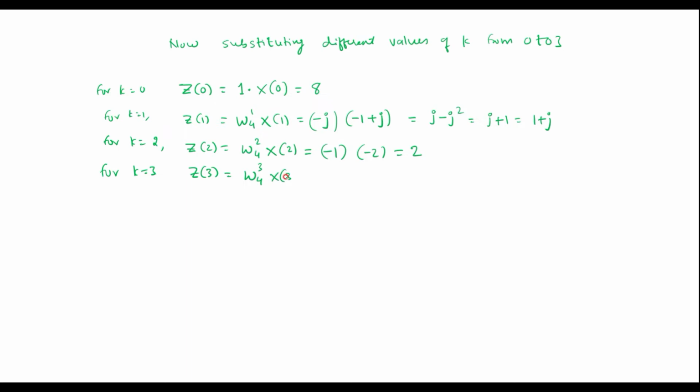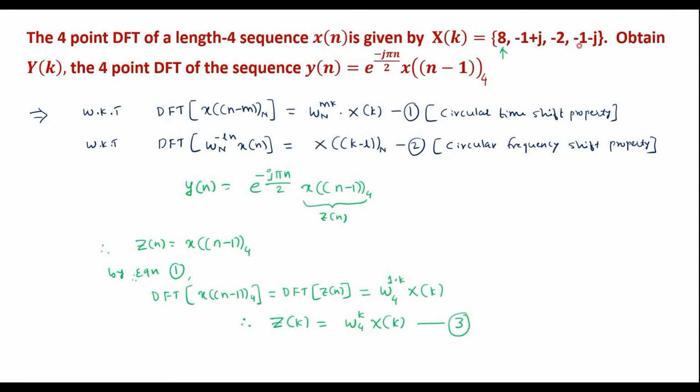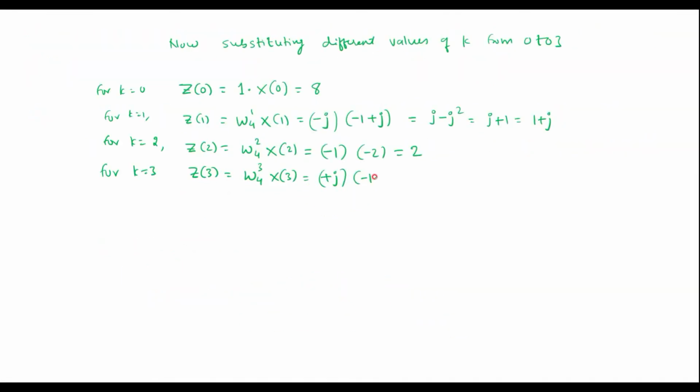W4 power 3 is plus j, and X of 3 is minus 1 minus j. Simplifying, j into 1 is minus j, minus j square means plus 1, so it is 1 minus j.